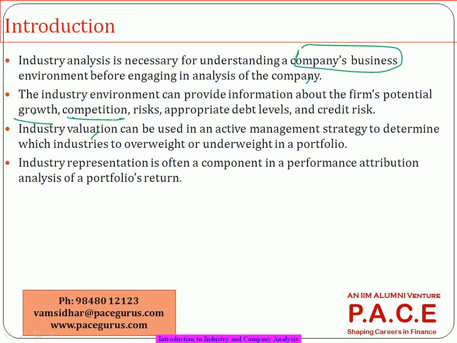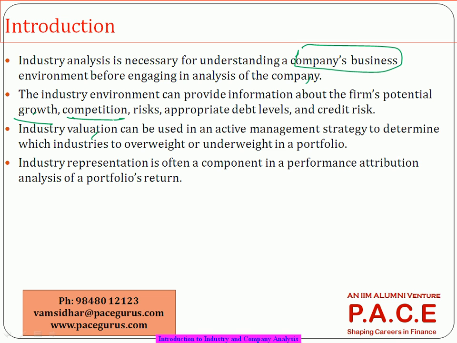So once the number of players increases, or even before 10 years, there was only BSNL, or hardly MTNL plus BSNL, only two or three companies at the max. So at that point in time, the scope for growth for BSNL was much higher compared to after the competition started flowing in.